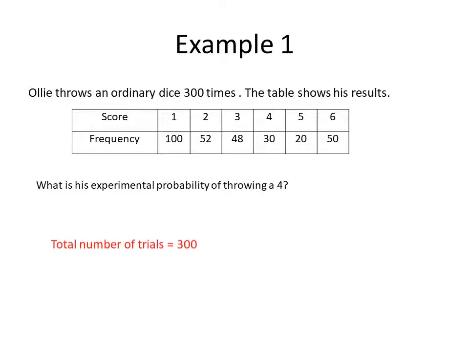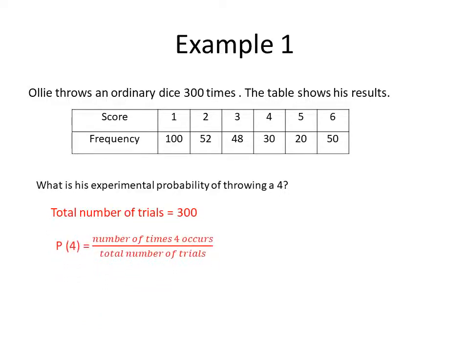So the probability of getting 4 will be the number of times 4 occurs out of the total number of trials, which is 300. So the probability will be equal to 30 out of 300, and we need to write our answer in simplest form. So we divide the numerator and denominator by 10, and the answer will be 1 out of 10.